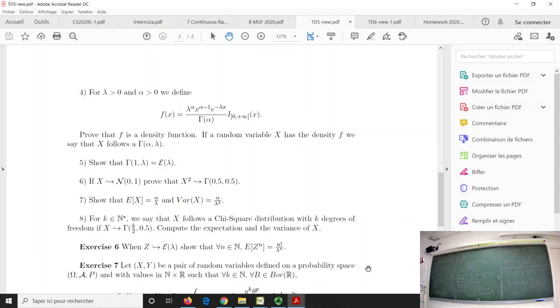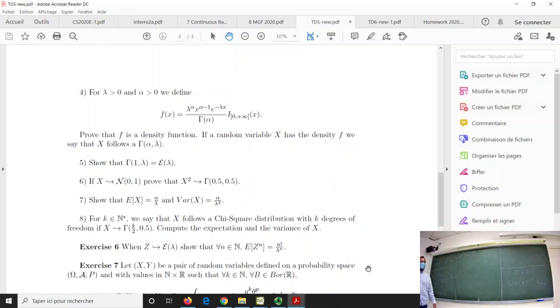So I erase nothing, I will erase just this one here. I keep the definition on the board. I have done the job for the gamma(1, lambda). And now, in question 6, we are interested in gamma(1/2, 1/2).